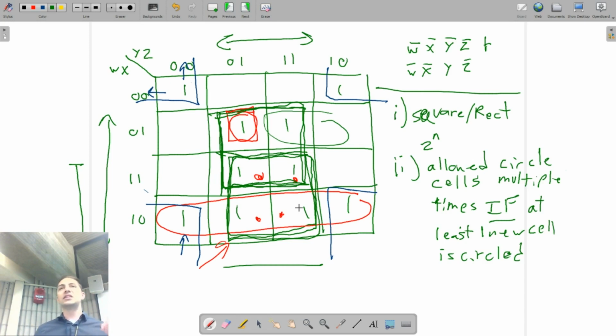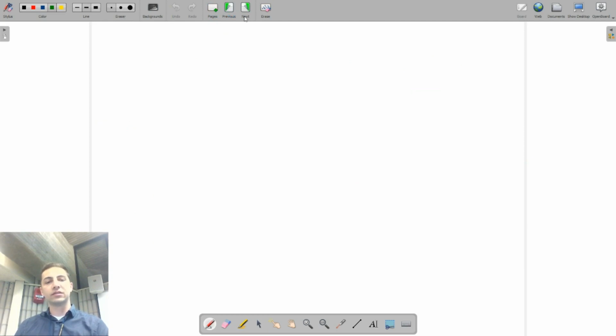We want those. An essential prime implicant must be an implicant. It must also be a prime implicant, so the biggest it can be. But it has at least 1 cell that is not covered by any other prime implicant. So there, in this diagram here, there are 2 essential prime implicants. Circles that contain a cell that is not covered by any of the other prime implicants.